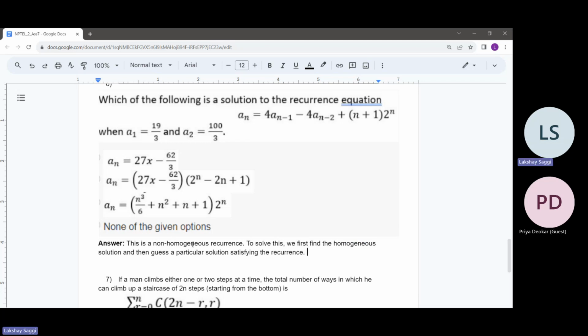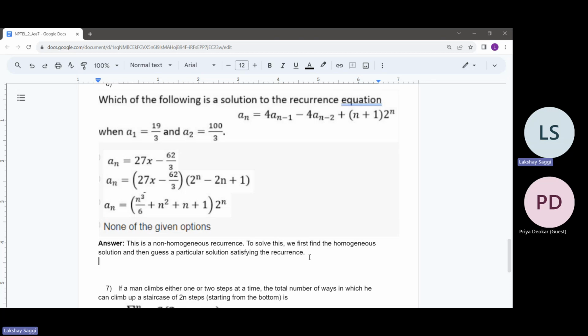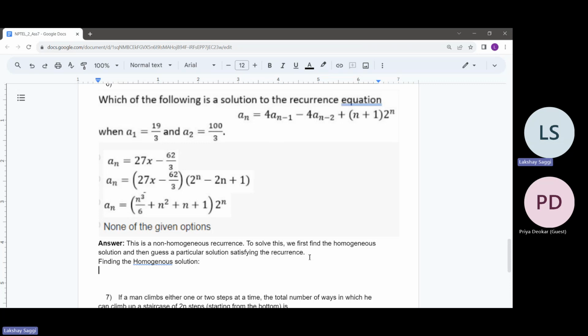So we first find the homogeneous solution and then guess a particular solution satisfying the recurrence. Finding the homogeneous solution is easy, and we'll do that first. What does homogeneous solution mean?